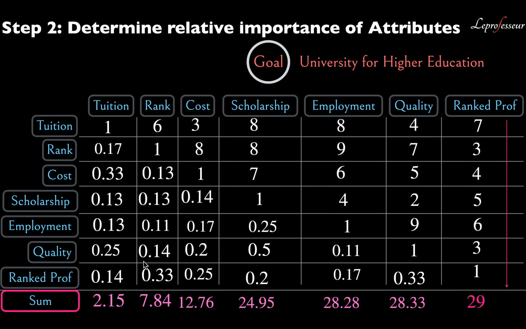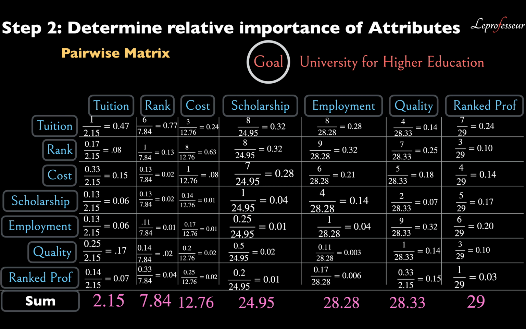So we did the sum of all the columns. After getting the sum, we may call it a pairwise matrix. I keep calling it a pairwise matrix, so that's fine.